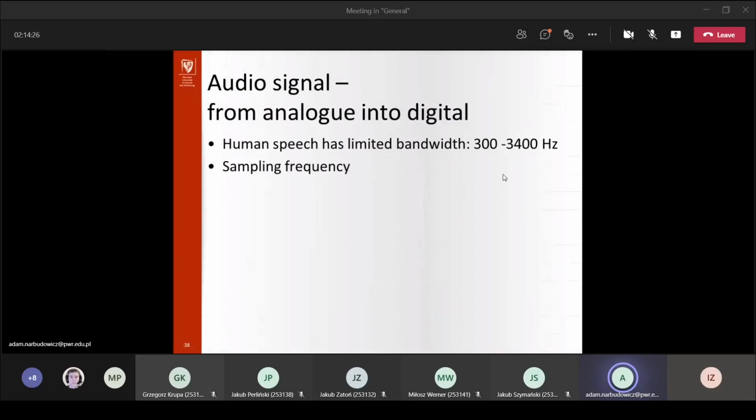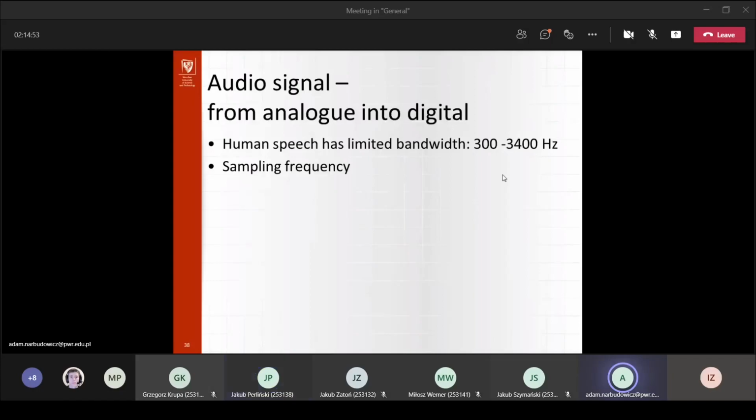So what is the sampling frequency of such a signal? 6.8 kilohertz.